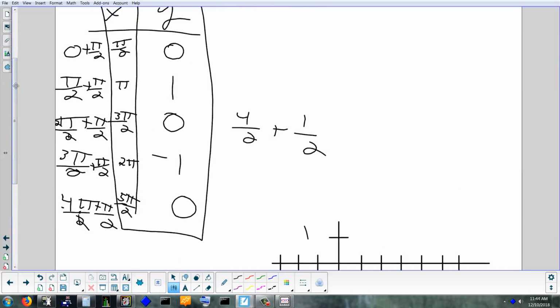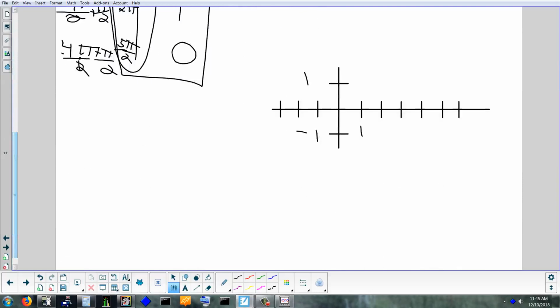And I'm going to label my x's using these values right here. The only condition on labeling your axis is that you're consistent. Make sure you don't basically do something like this: 1, 2, 4, 5, 6. You can't all of a sudden skip a couple numbers and then go back to going by ones. Right.